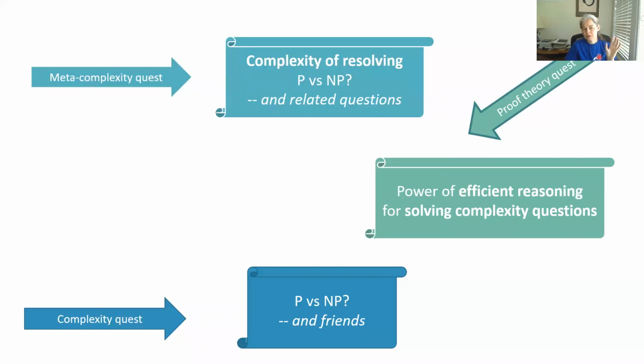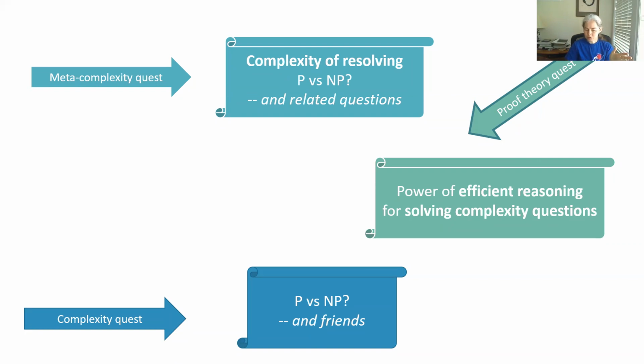So in a way, this is more of a proof theory quest, understanding how much we could say using efficient reasoning, big theories of arithmetic. I will talk at length about it later, but what is the power of efficient reasoning for solving meta questions? What is the power of polynomial time reasoning for talking about the power of polynomial time, or of P versus NP?